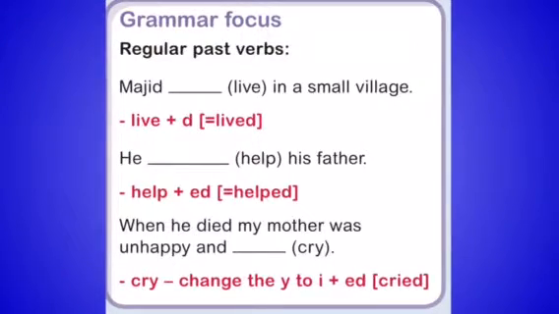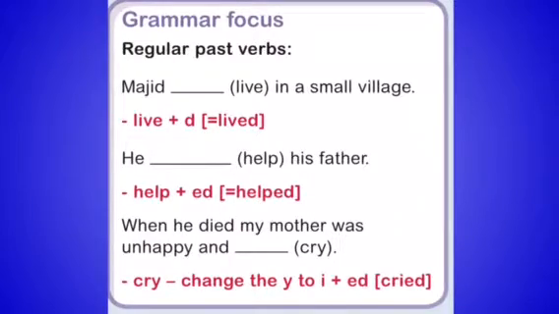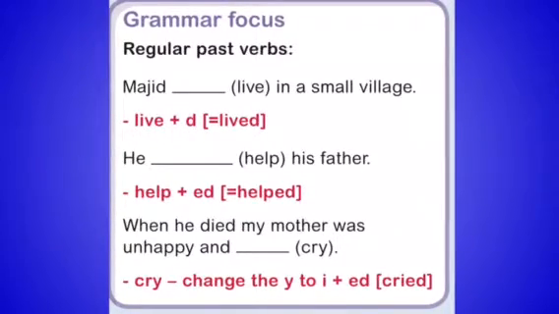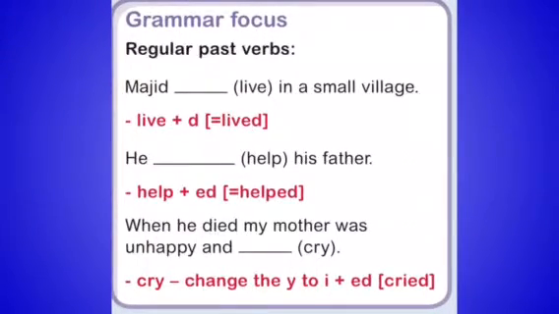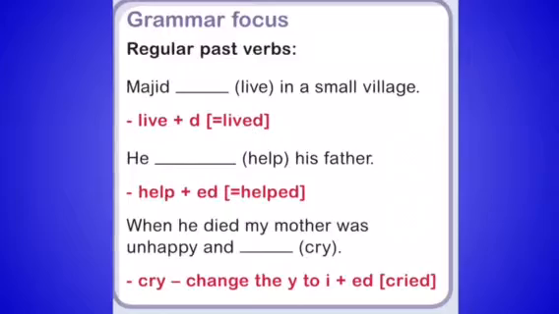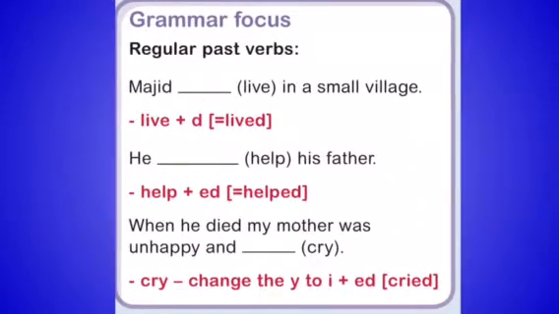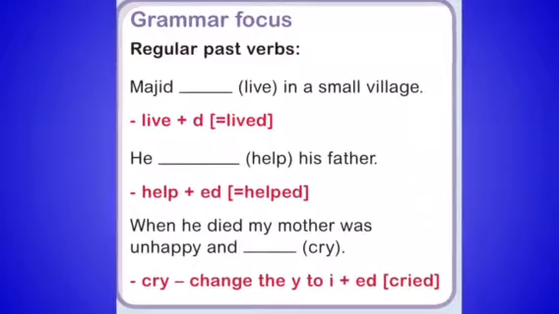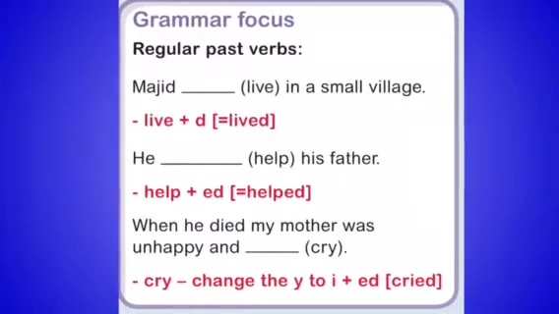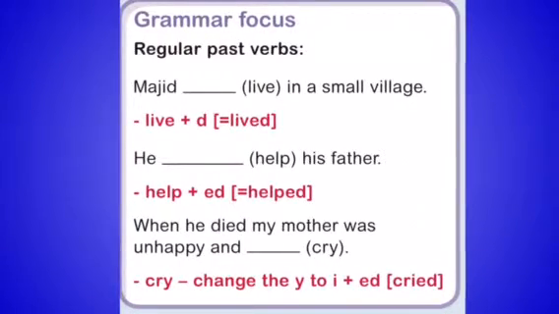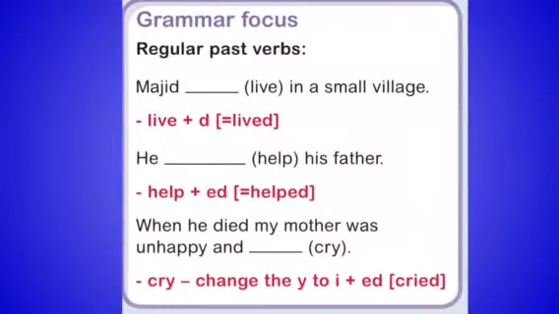Lived, plus the d, equals lived. He helped his father. Help doesn't have e at the end, so we add the ed, equals helped. When he died, my mother was unhappy and cried. It ends with a y, and before it is a consonant r, so we change the y into i and add ed.